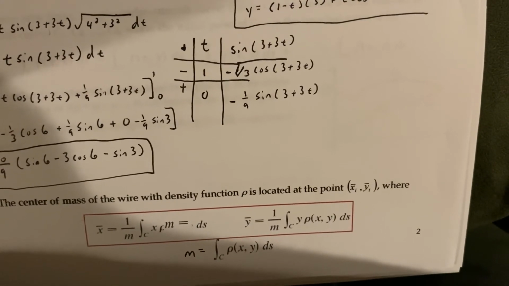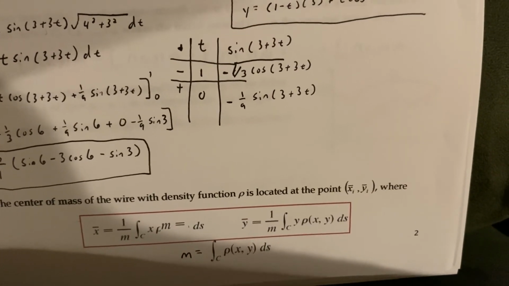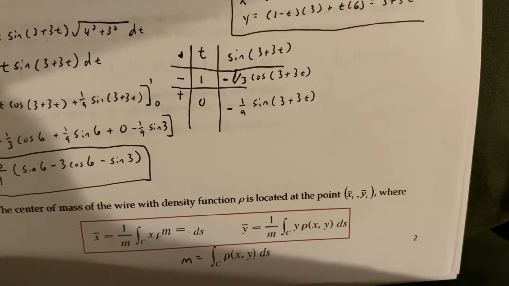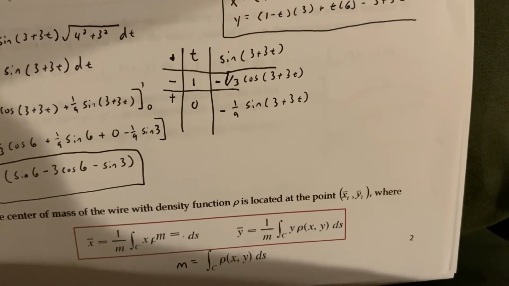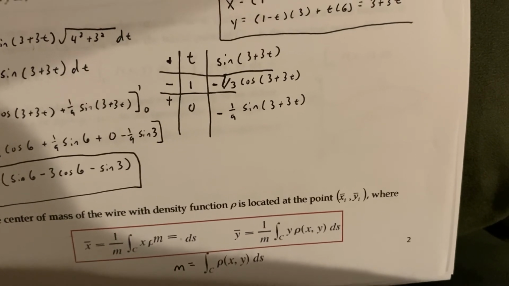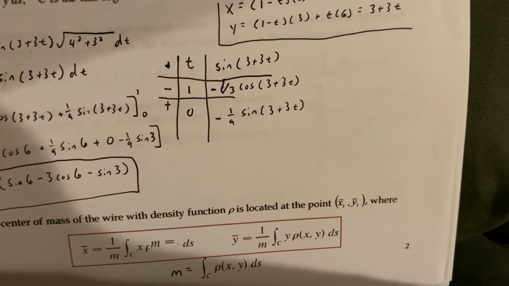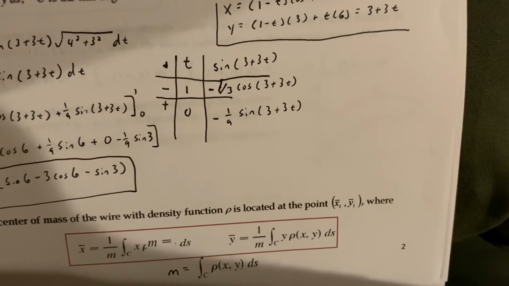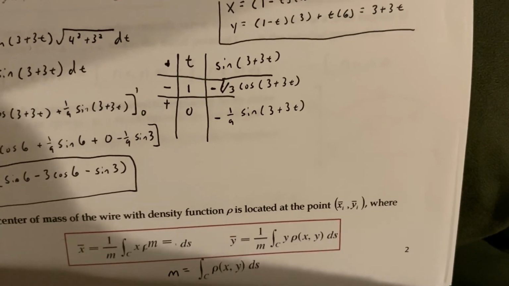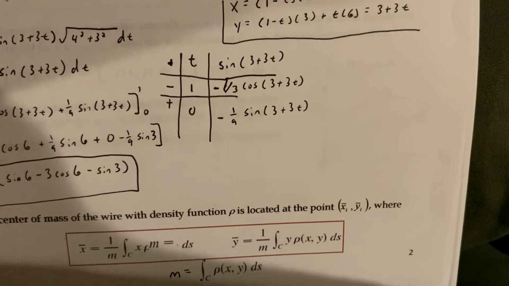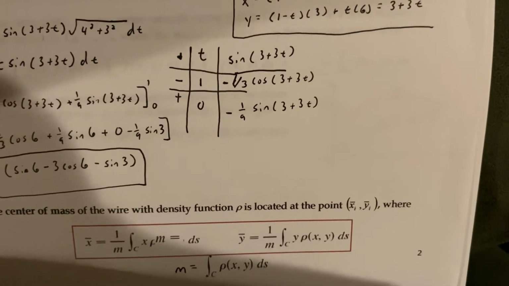Y bar is similar with y. The mass is just going to be given by the integral over our curve of rho of x, y ds. So when you're doing x bar, you're putting in another x inside your integral. When you're doing y bar, you put in another y, making sure that you divide by the total mass.